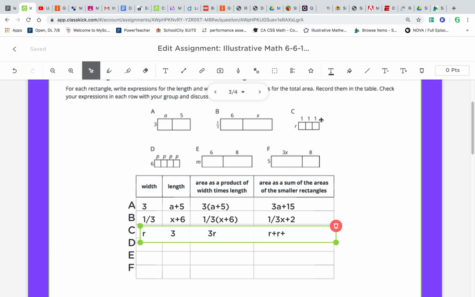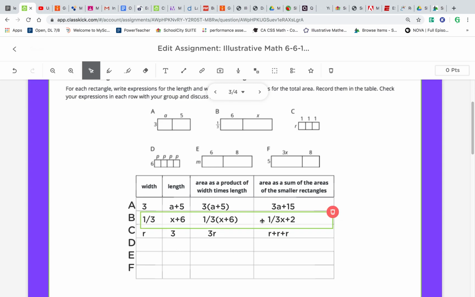And then r times 1 is 1r, it's just r. So you can see here, each of these expressions are equivalent expressions. They are the same thing. They mean the same value.